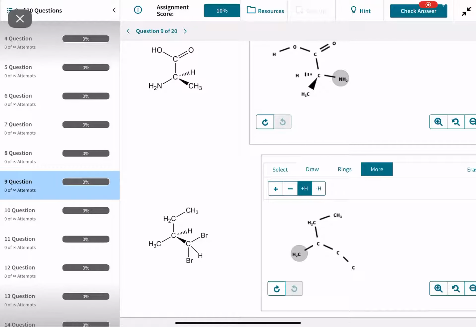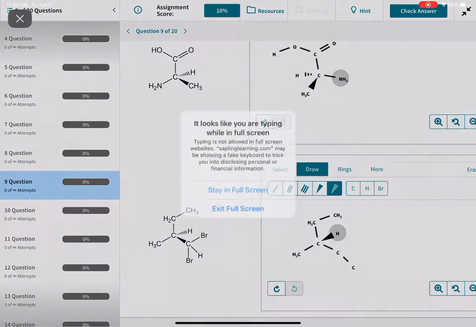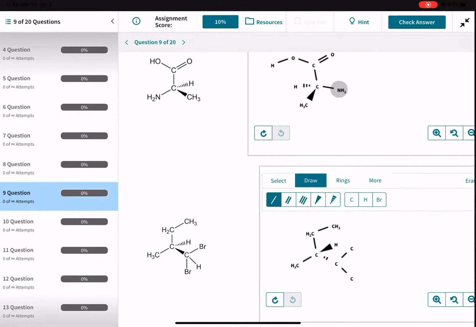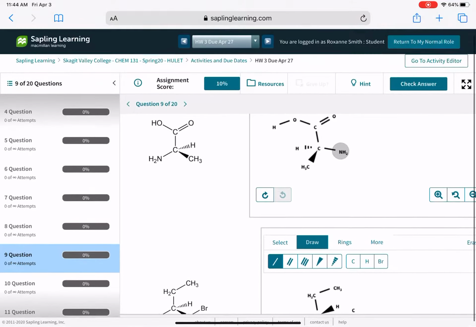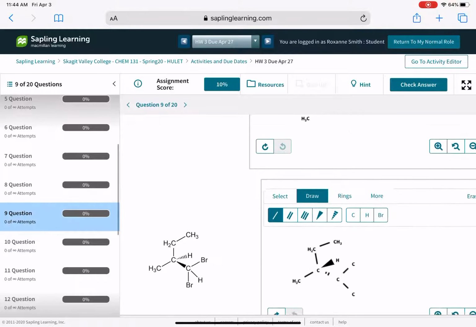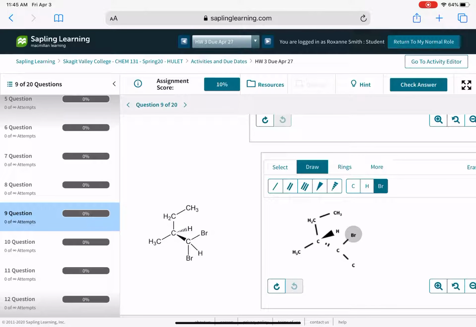But all that I'm going to do is change everywhere that it's a dash, I'm going to turn it into a wedge. And everywhere that it's a wedge, I'm going to turn it into a dash. So there's your other option. You can use either one, whichever one you're the most comfortable with.